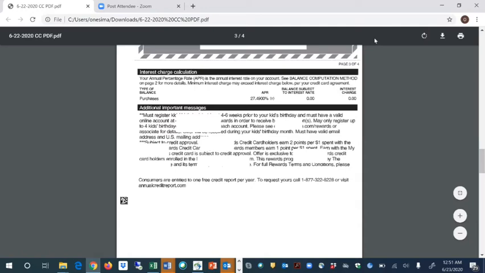And A. This means your card issuer uses the average daily balance method to calculate your interest charges. This is where it takes the average balance on each day of your billing cycle, adds them up, and multiplies them by the daily rate.